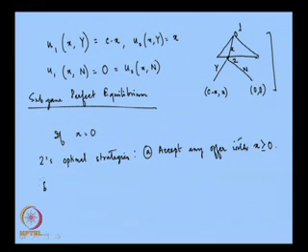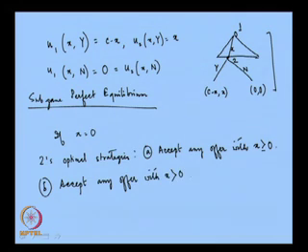and the other optimal strategy of player 2 could be to accept and reject if x is equal to 0. So, he is going to accept any offer if x is positive, but he is going to reject if x is equal to 0.